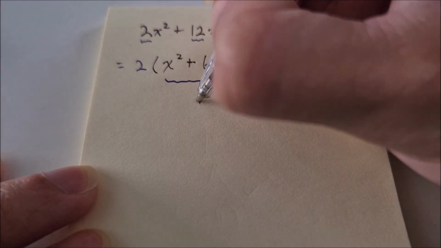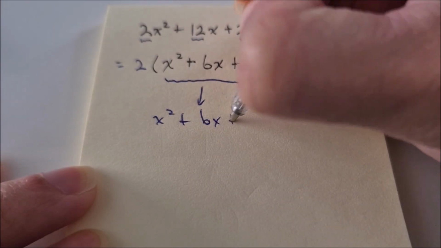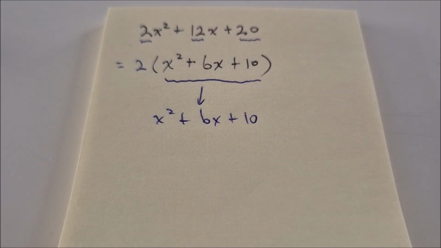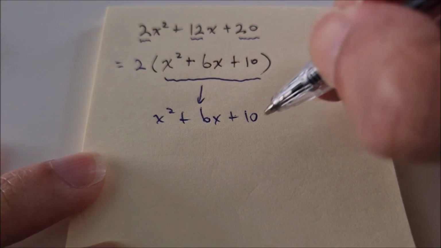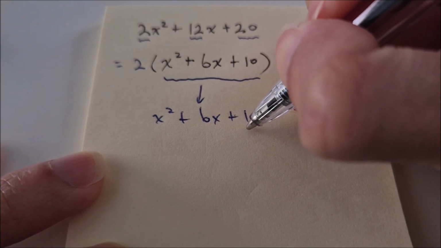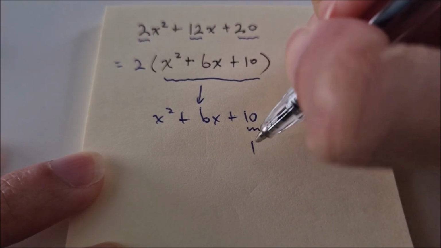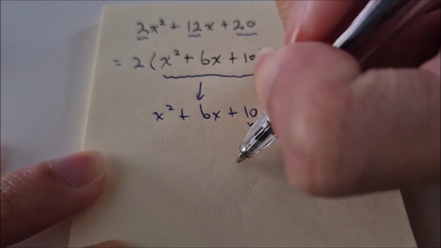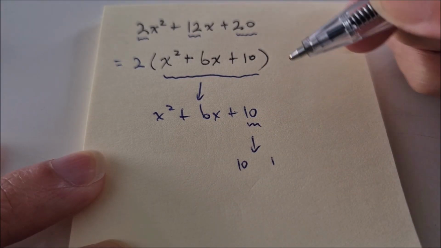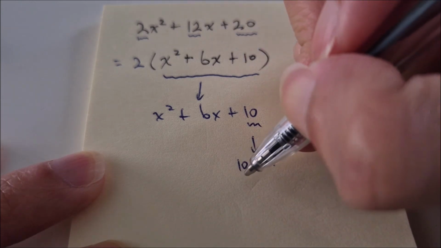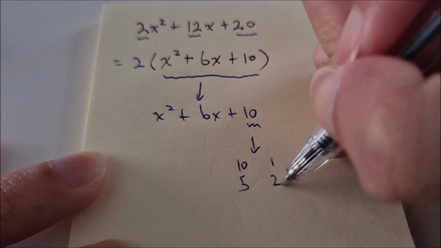So x squared plus 6x plus 10, and I can say that we can't factorize this because if we look at 10, we have 10 and 1 multiplying into it, and another combination is 5 and 2.